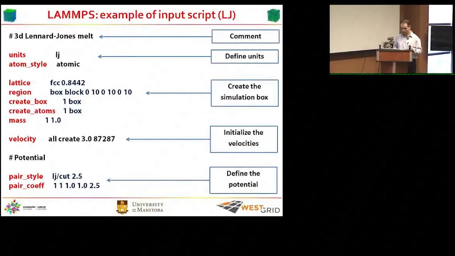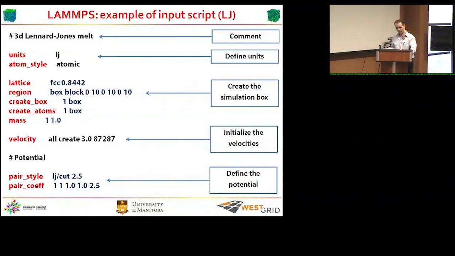Now this is an example of an input file. 3D Lennard-Jones melt. So you have basically just particles interacting via the Lennard-Jones potential. So there is a command units lj. There are other units also. You have to specify atom style atomic, because there are also other atom styles like bond and so on.